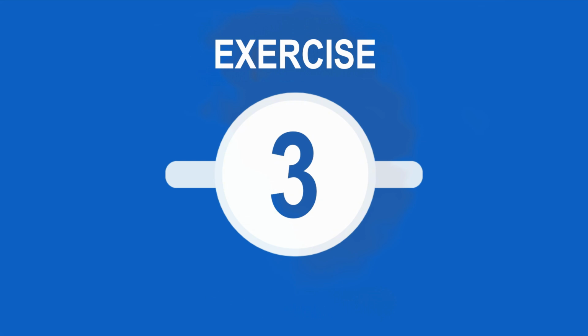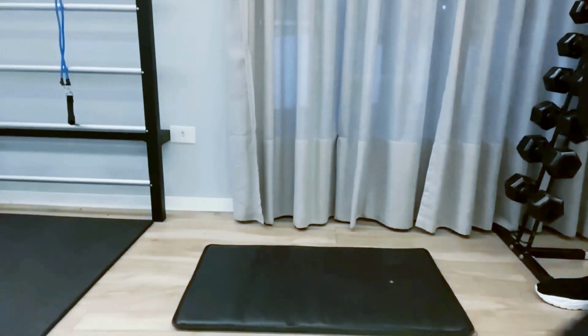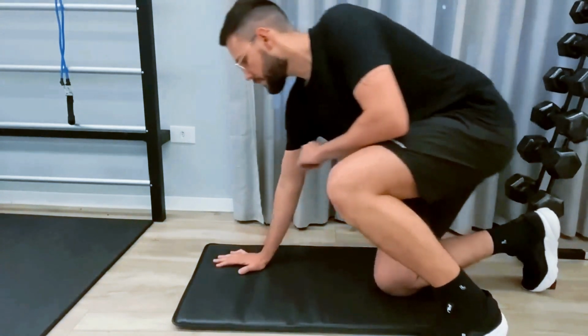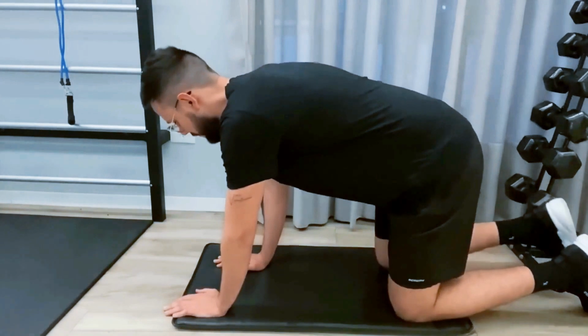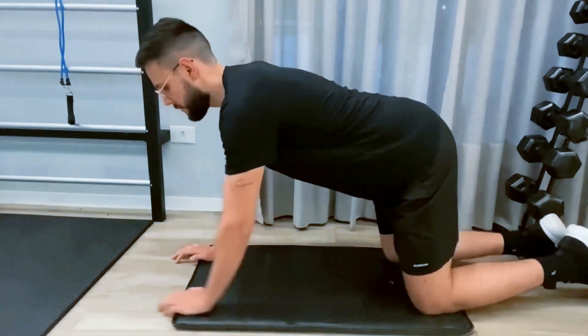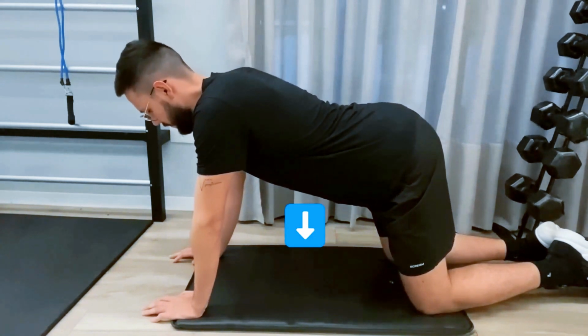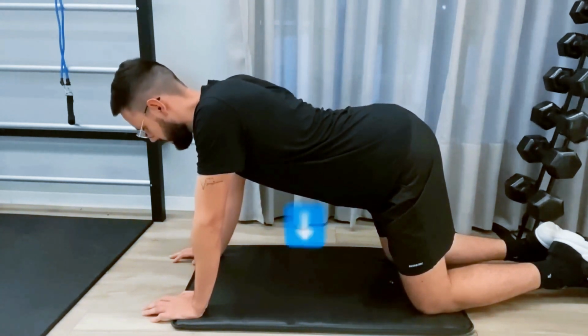Exercise number 3. For the third exercise then, you will slowly kneel on the floor and get into a position, look, on all fours. And for the first part of the exercise, you will do the following. Look, without bending your elbows, elbows straight, you bring your torso closer to the floor and you will feel the space between your 2 shoulder blades decrease.